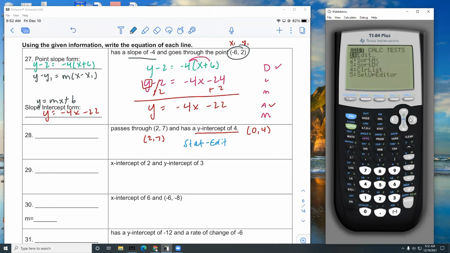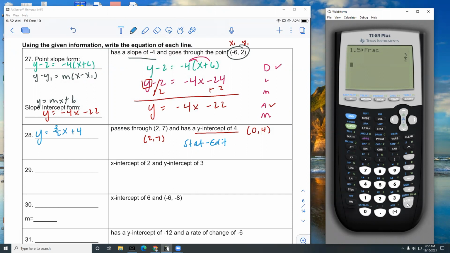Then I press stat again, over to calc, down to number 4, and I press enter a whole bunch of times, and I get y equals 1.5x plus 4. But remember, I usually want my slope to be a fraction. So I'm going to type 1.5, then math, enter, enter. So that should give me 3/2 for my slope. So my answer is y equals 3/2x plus 4.